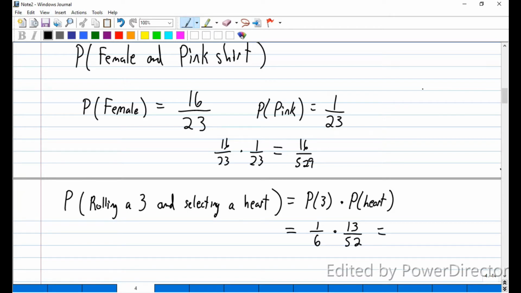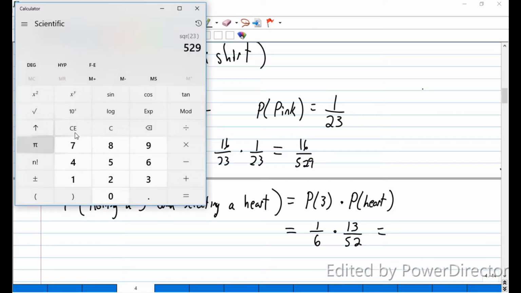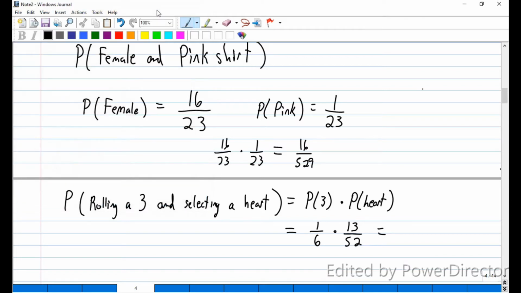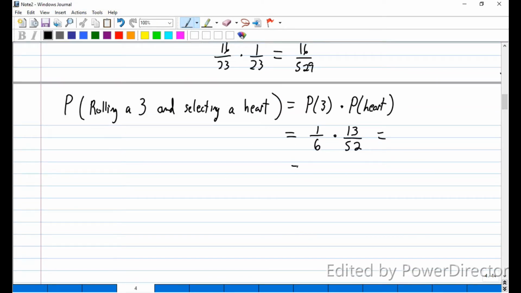You can reduce one of those fractions to make this easier, right? Can you reduce one before you multiply? 1/6 and what? 1/4. So that's 1 out of 24.